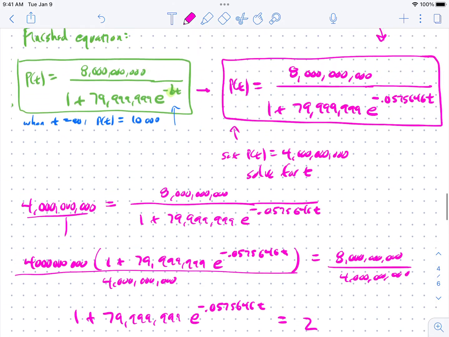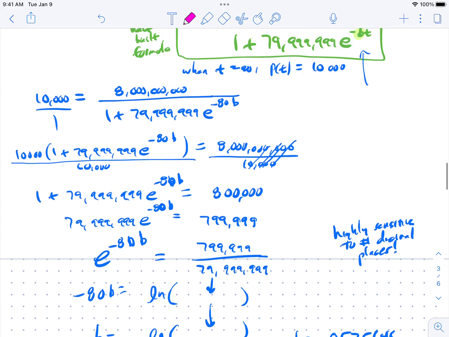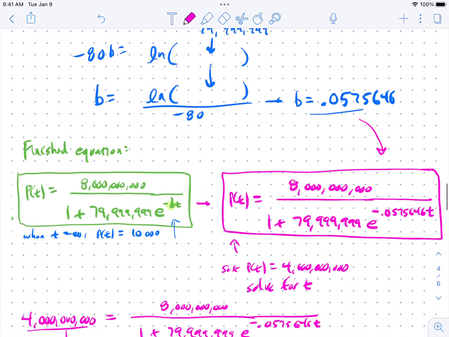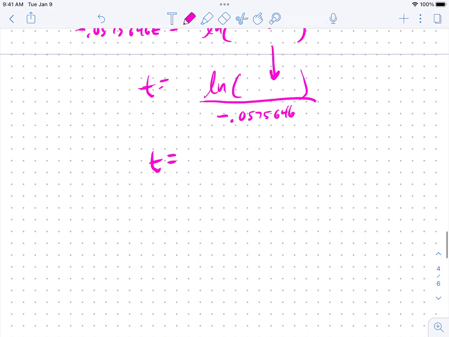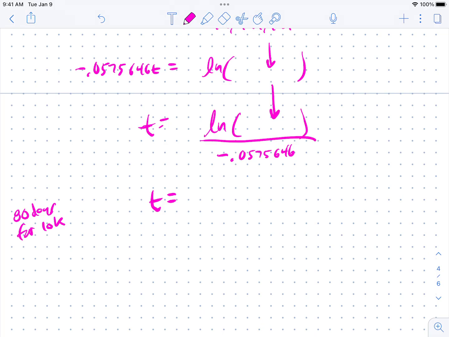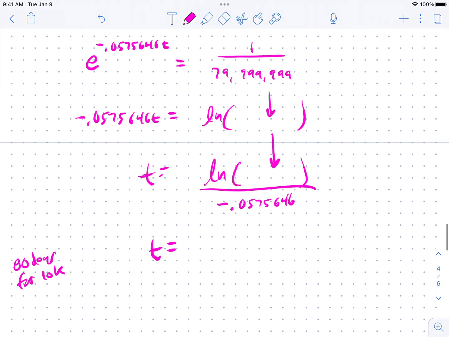So I'm just looking back up here because I'm curious now. It took how long for what now? It took 80 days to reach 10,000. 80 days for 10,000. How long is it going to take to reach 4 billion? Let's find out. Okay, first of all, I got 1 divided by 79,999,999 equals.